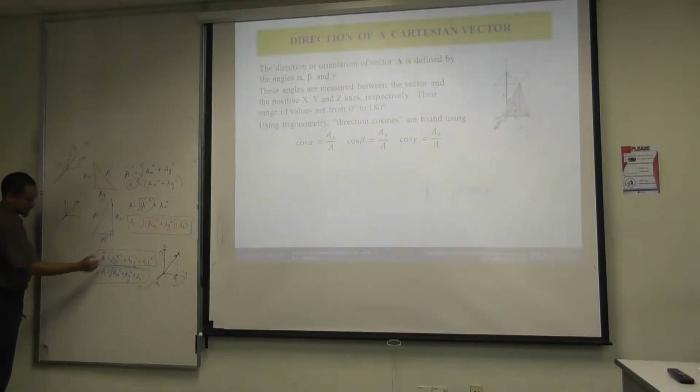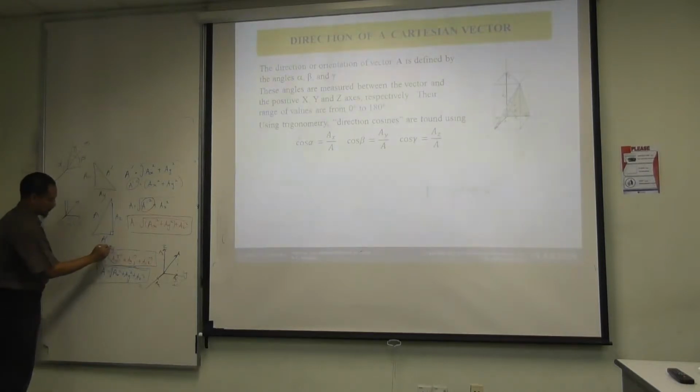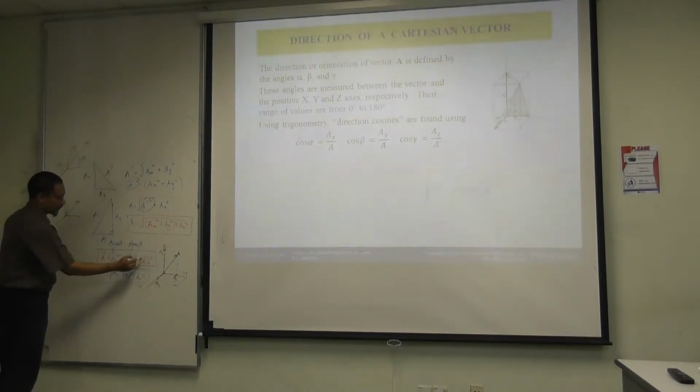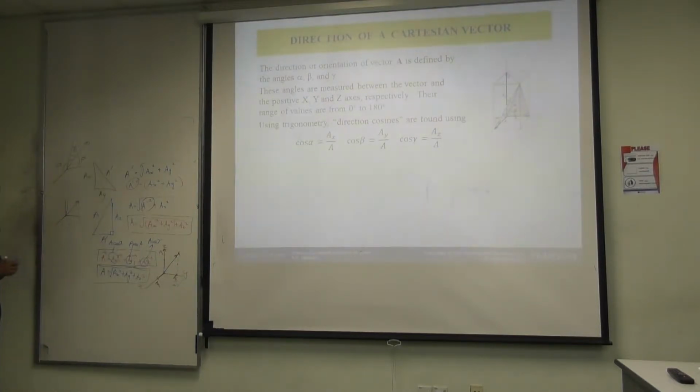You just rearrange that: ax is A cos alpha, ay is A cos beta, az is A cos gamma. So that is when you have these angles given.